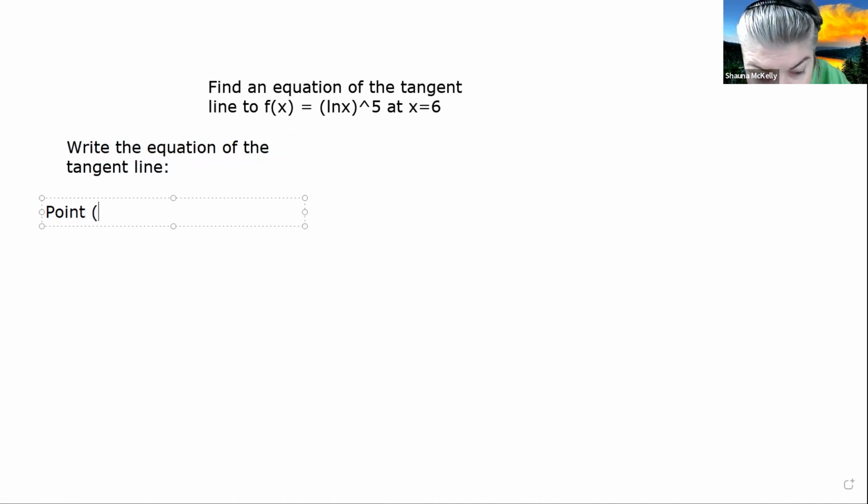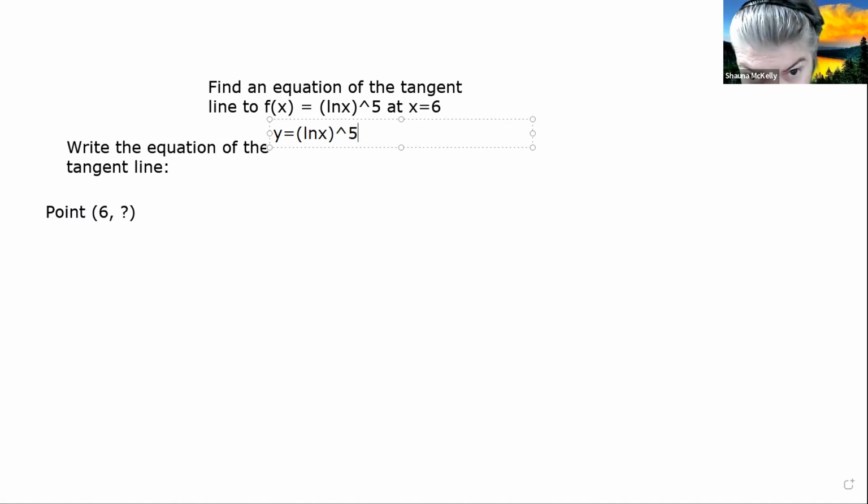So the point they're giving me is 6, but I don't know what the y is, but I can find it because this f of x is like y. So this is like saying y equals ln x to the 5th power.